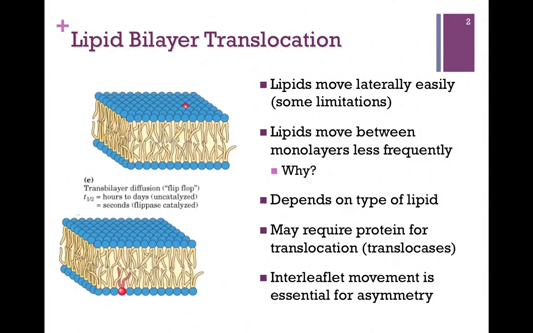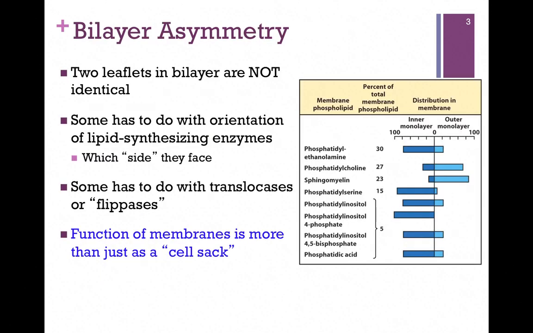But we'll find that the movement of lipids from one side of the membrane to the other, from one monolayer to the other, is actually essential for maintaining the asymmetry and function of the bilayer. So we find that the two leaflets, the two monolayers in the bilayer, are not identical. There is an asymmetry, and that's well illustrated in our table here.